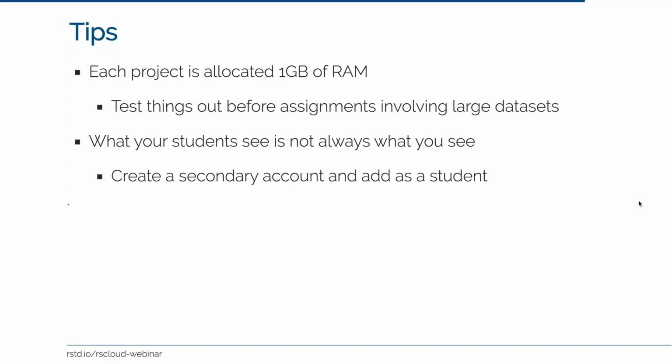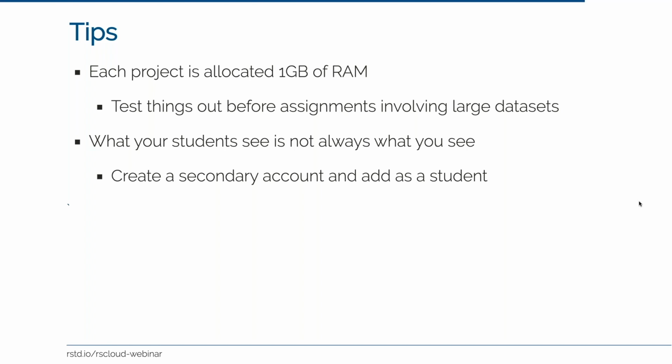A few parting remarks. I'll start with some tips. So first of all, each project is allocated 1 gig of RAM, which means that you really should test things out before assignments involving especially large data sets. It's important that you give this a try.